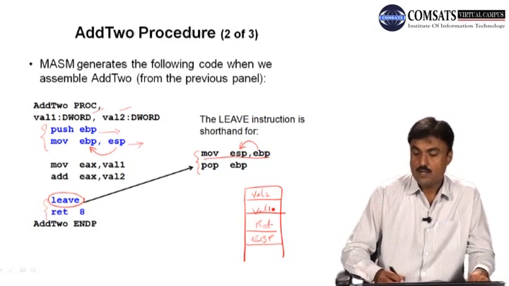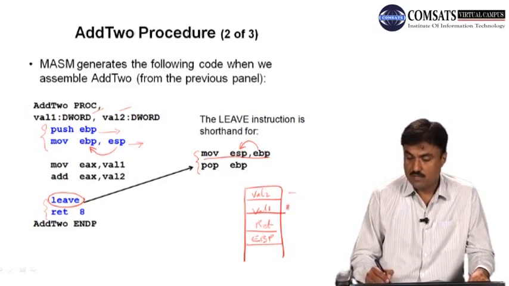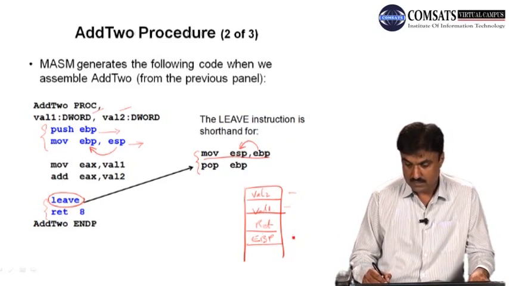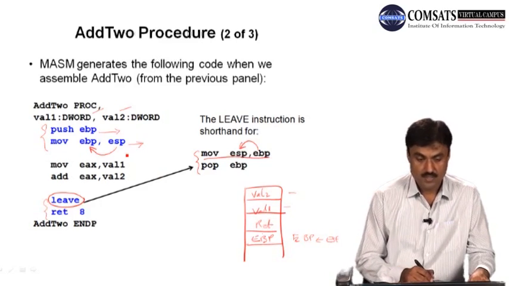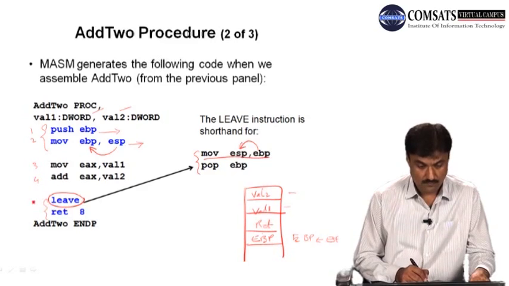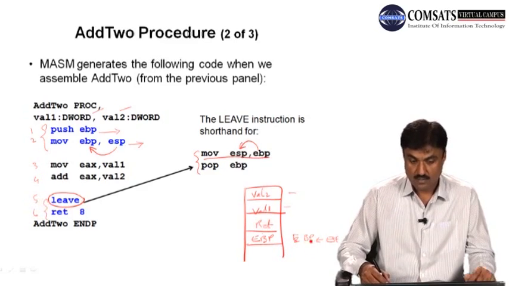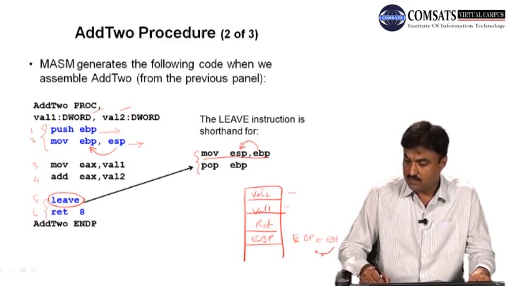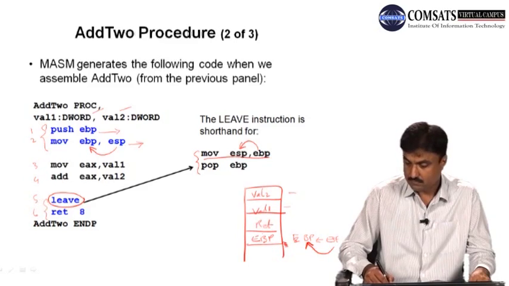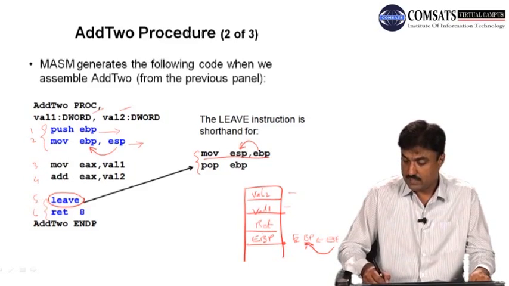Now we can access these val1 and val2 because EBP was stored, and EBP is assigned the value of ESP according to this instruction. Instruction number, for example, 1, 2, 3, 4, 5 and 6. So according to instruction number 2, the ESP value, when it was here, it will point to this one. The value of ESP will be assigned to EBP.